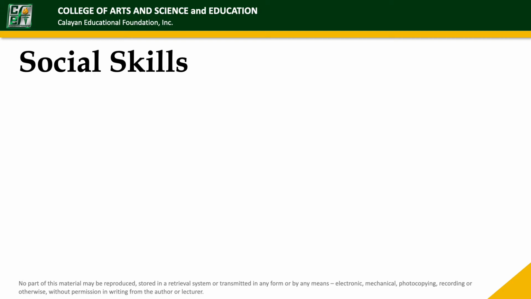So, talking about social literacy skills, in order for us to develop social literacy, we will be needing social skills. So, what are they? These are aspects of social literacy. As such, these are an integral part of functioning in society.